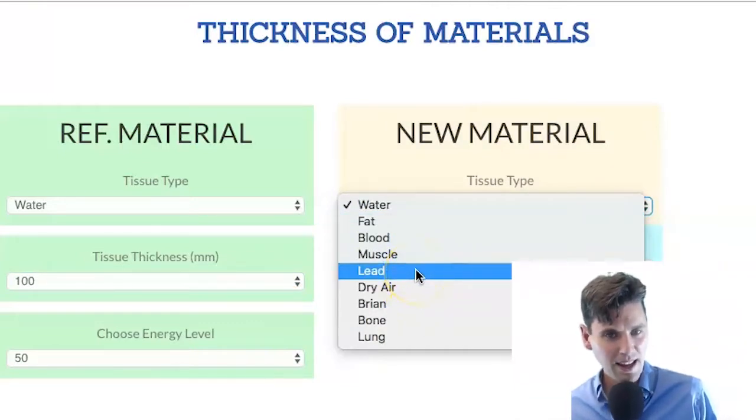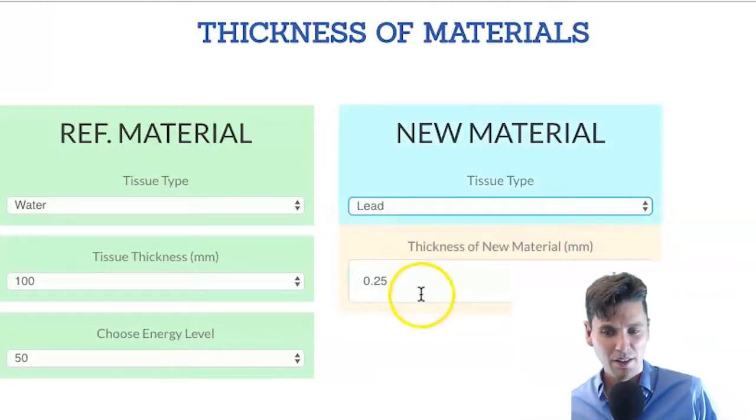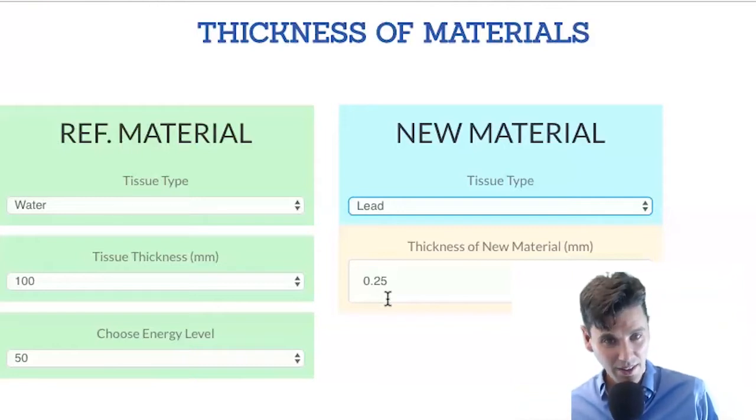So how much lead do you think is going to be equivalent to 100 millimeters of water? Is it going to be 10 millimeters, 1 millimeter? It's going to be even less than 1 millimeter, right? So it's only 0.25 millimeters in order to get the same equivalence, the same amount of stopping power for X-rays with 0.25 millimeters as 100 millimeters of water.